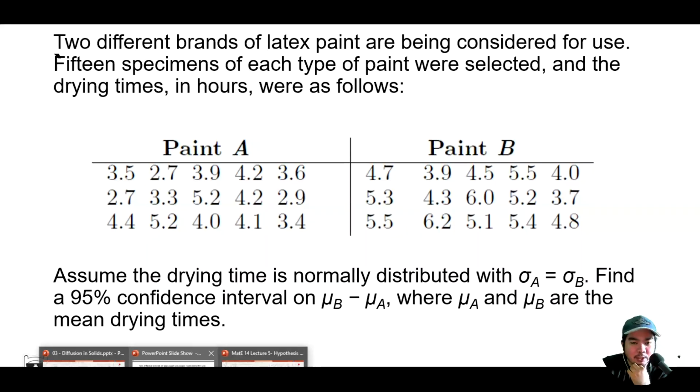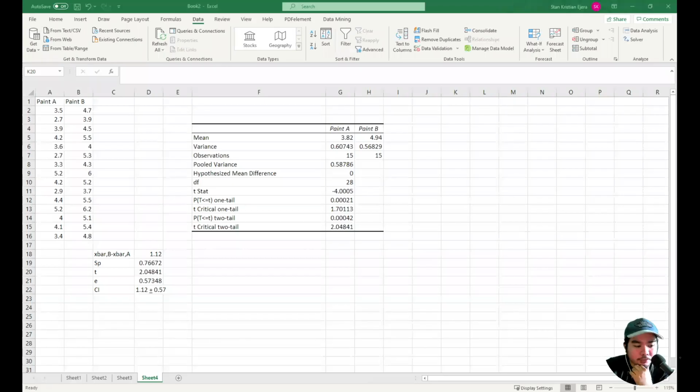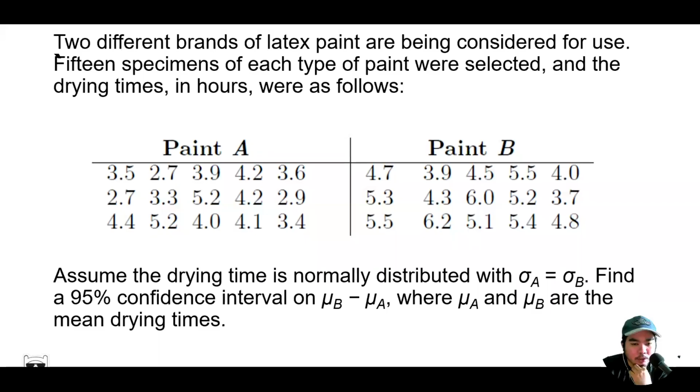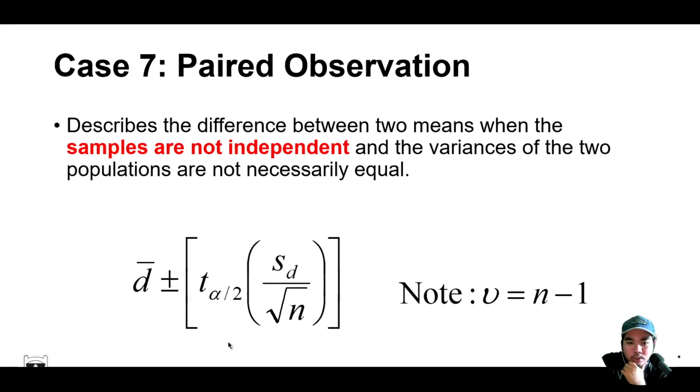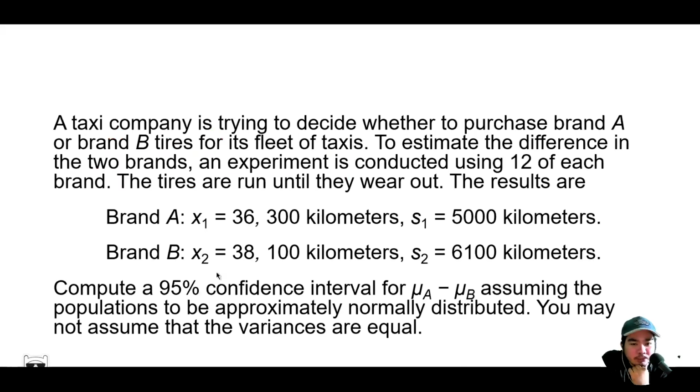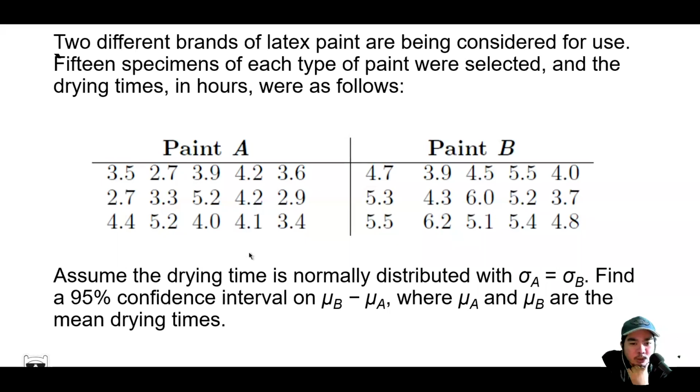Pagka gumamit tayo ng data tool pack. Okay. So balik tayo dito. Okay. Now let's do case 7. And case 7 is what we call a paired observation, no? So paired observations is similar din siya sa comparing two means.